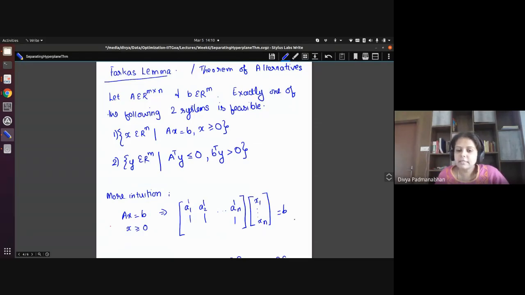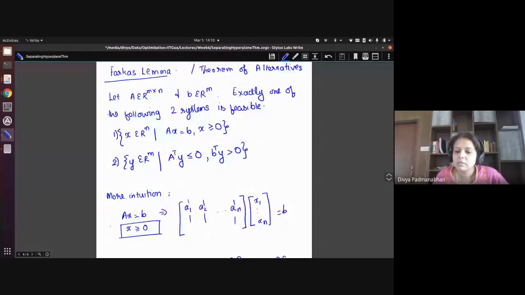It's a special combination in the sense that x has to be greater than or equal to 0. So it's a non-negative combination of these vectors. It's not any linear combination. That's the idea I want to convey here.